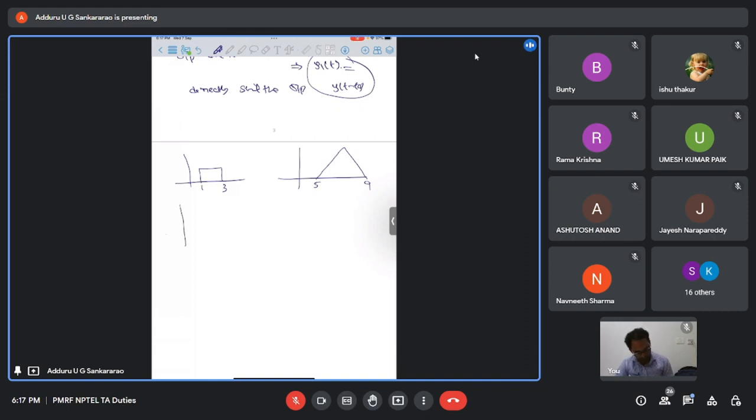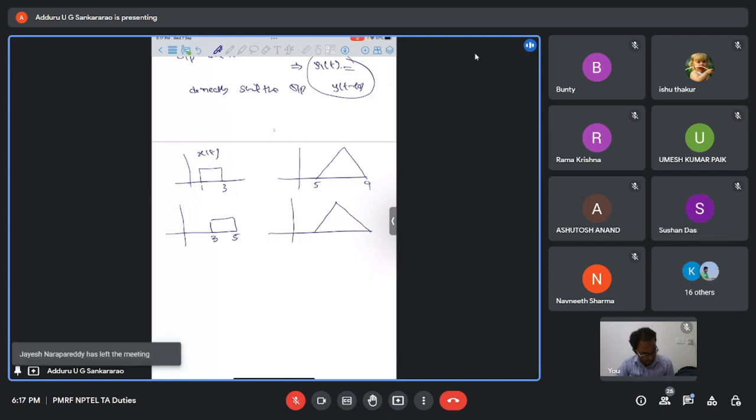Now if I shift the input signal by 2 seconds, then it will go from 3 to 5. Then the output also should shift by the same amount. The output should be the same, but it should be shifted by 2 seconds. Whatever time shift we are doing for the input, that same is reflected in the output, then it is called a time invariant system.